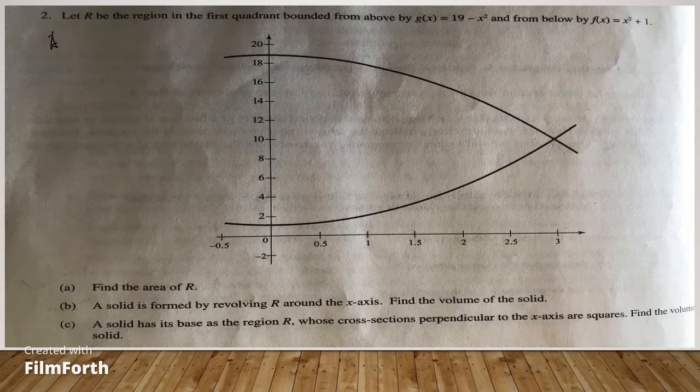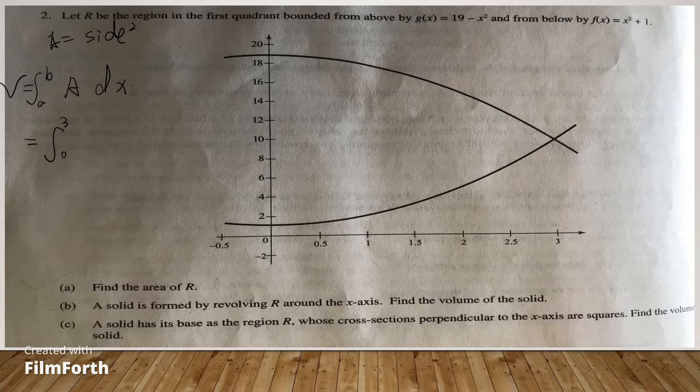So A equals side squared, and the formula is as follows: the integral from a to b of A dx. In our case, a equals 0, b equals 3.